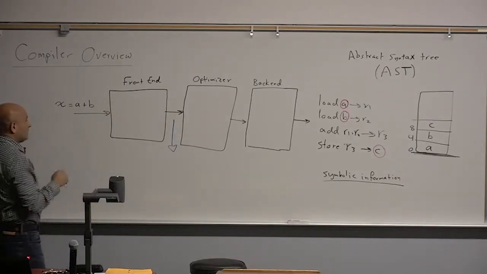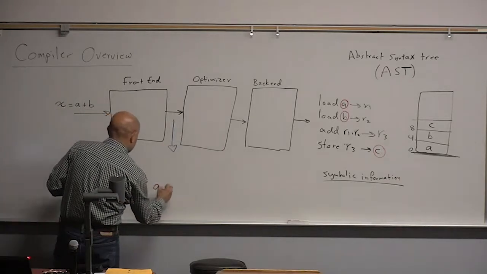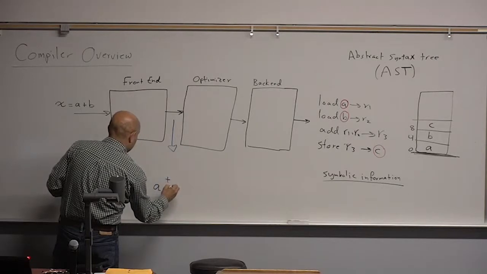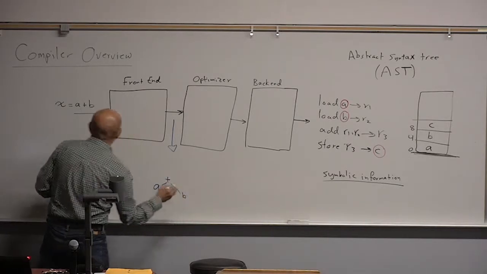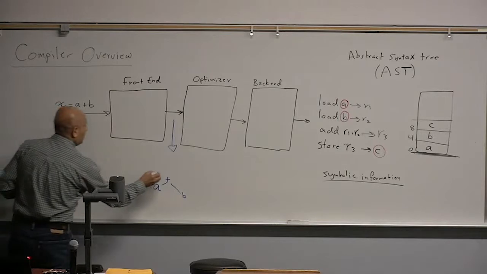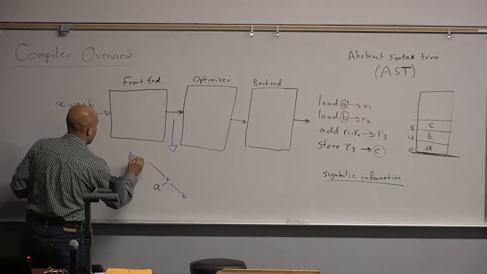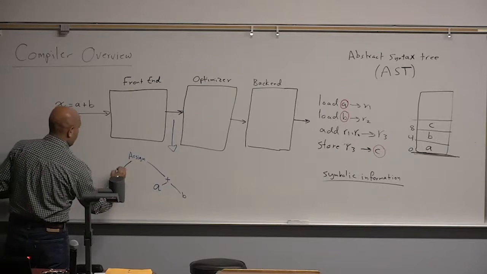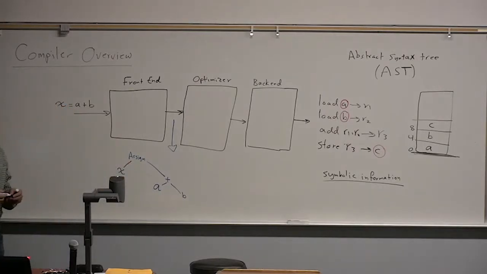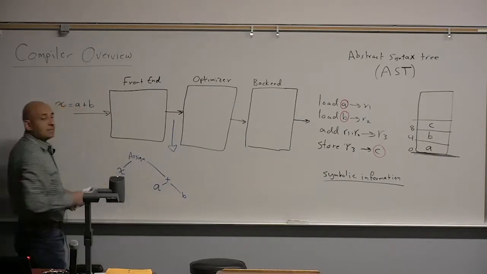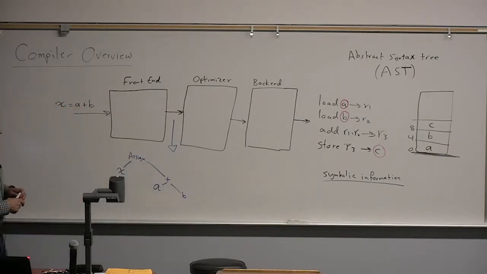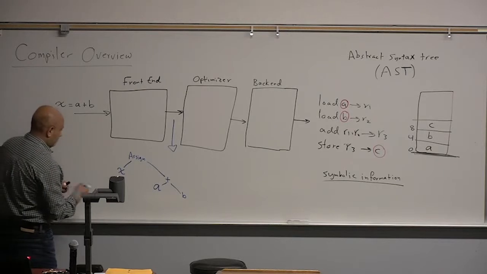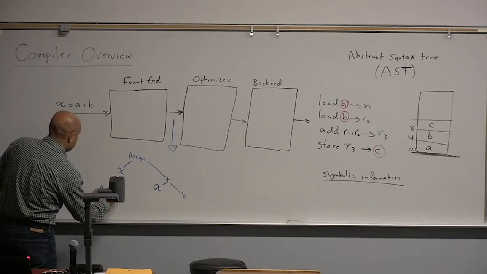The abstract syntax tree for this is going to be just A added with B, and then assigning the result to X. So the operations that are involved here are the addition operation and the assignment operation. This is our abstract syntax tree.